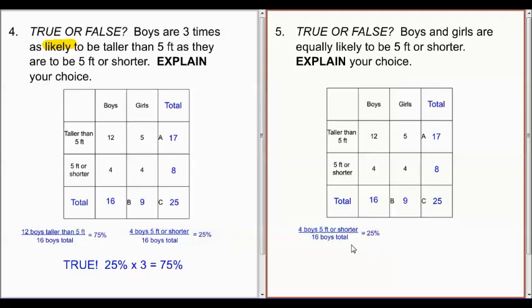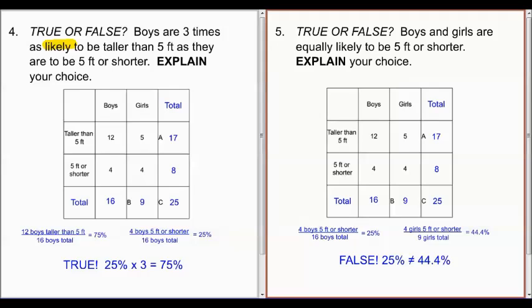There's 4 boys that are 5 foot or shorter out of 16 boys, 25%. And there's 4 girls that are 5 foot or shorter, but there's only 9 total girls, which is 44.4% rounded to the nearest tenth. So this is a false statement because 25% is not equal to 44.4%.